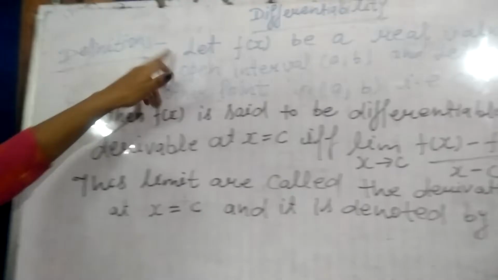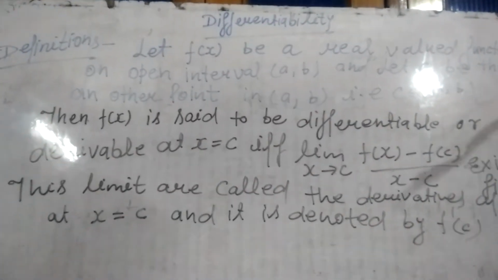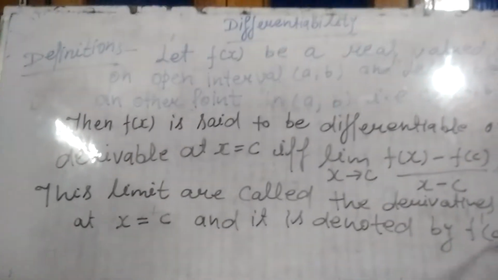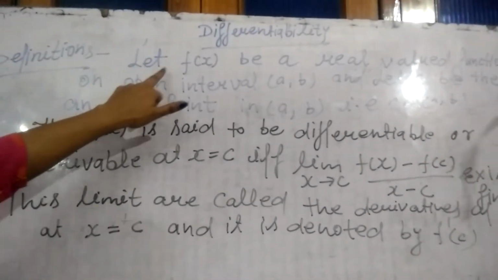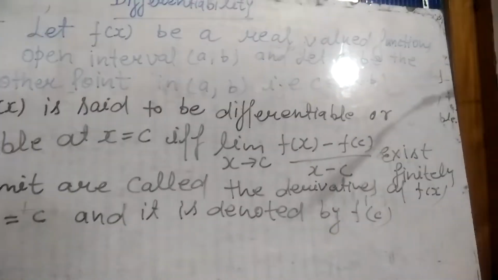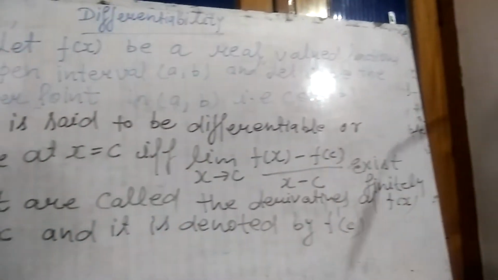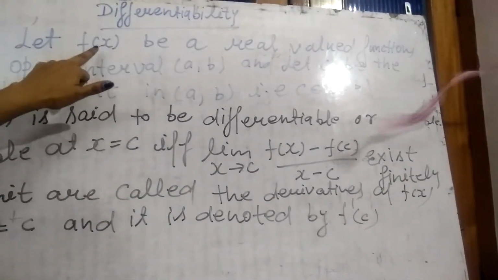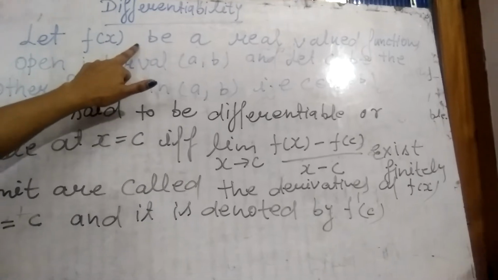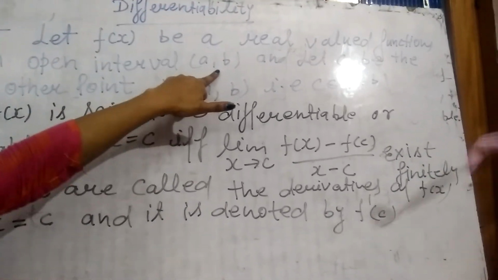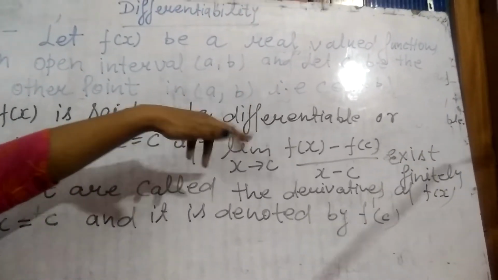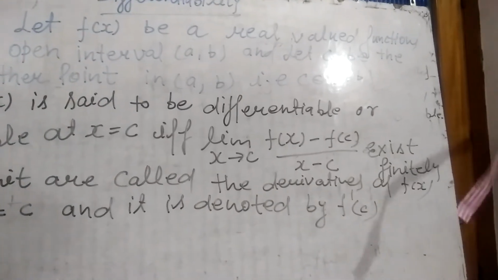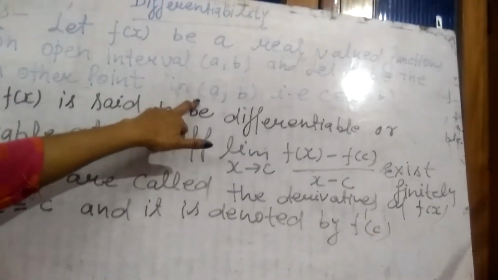See here, first of all we suppose the function f(x) is a real valued function on the open interval (a, b), and let c be another point in (a, b), that is, c is an element of (a, b).